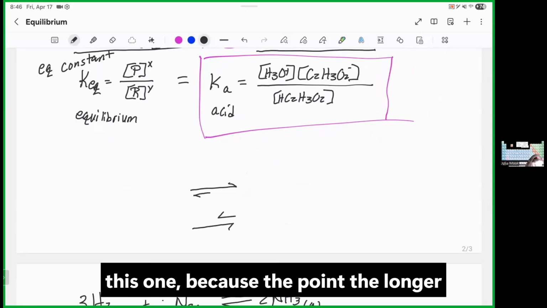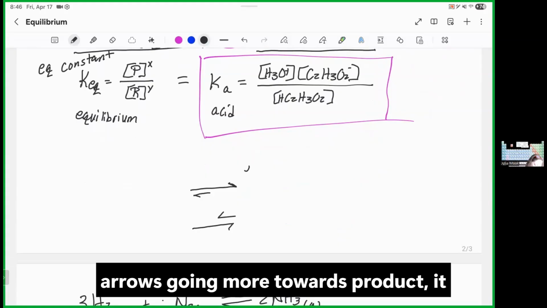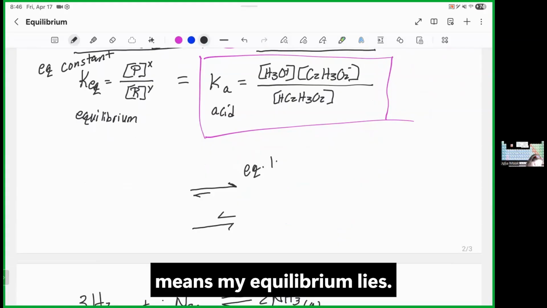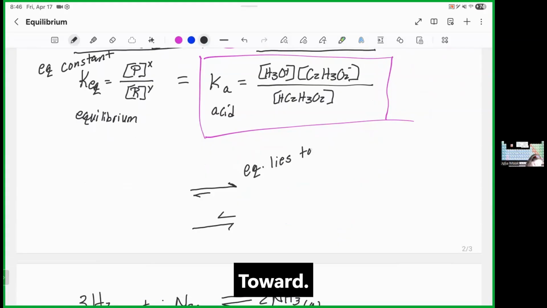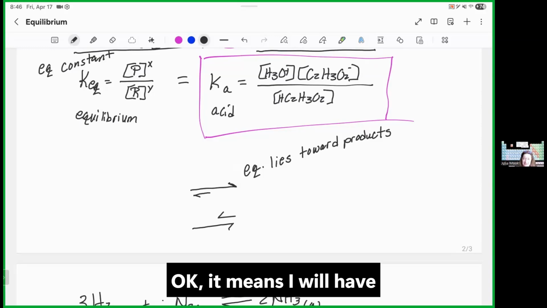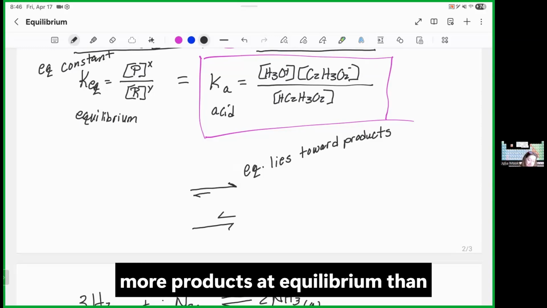Because the longer arrow is going more towards products, it means my equilibrium lies toward products. It means I will have more products at equilibrium than reactants.